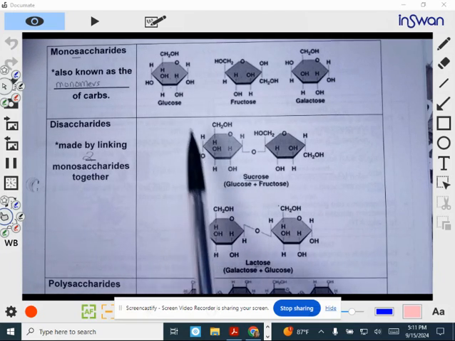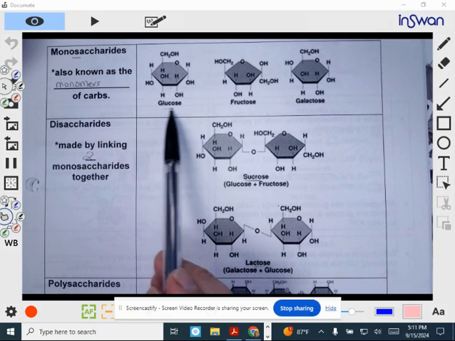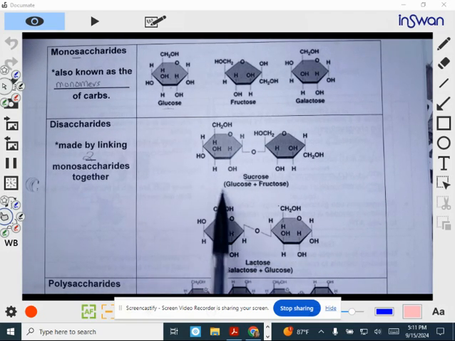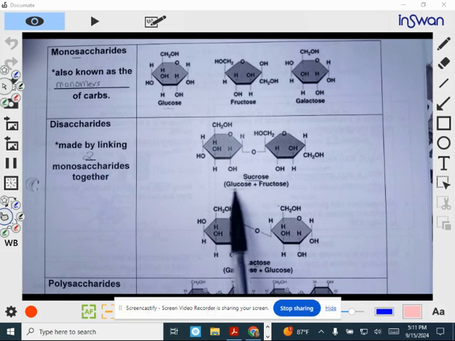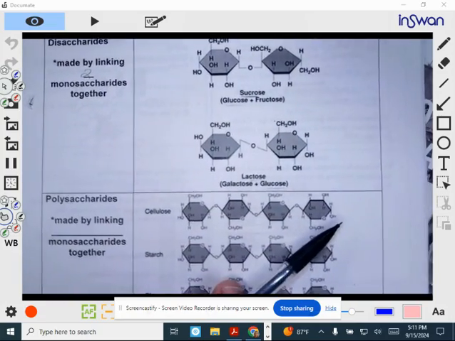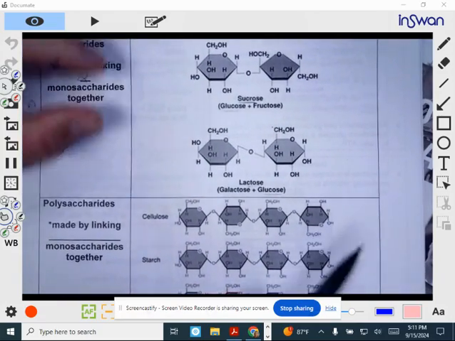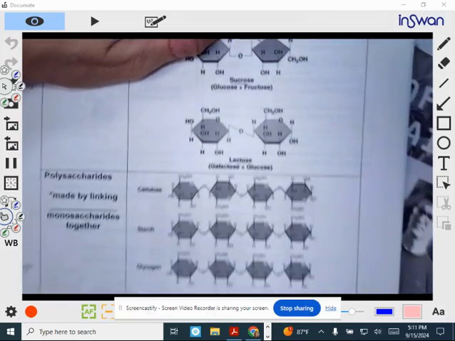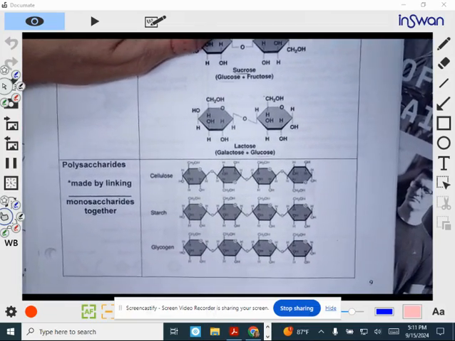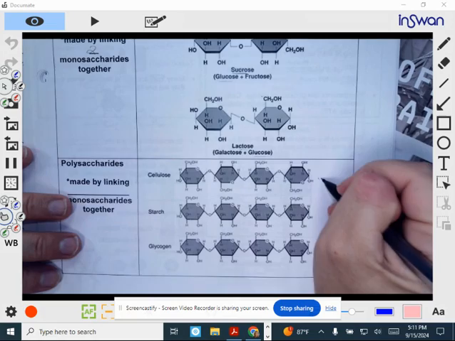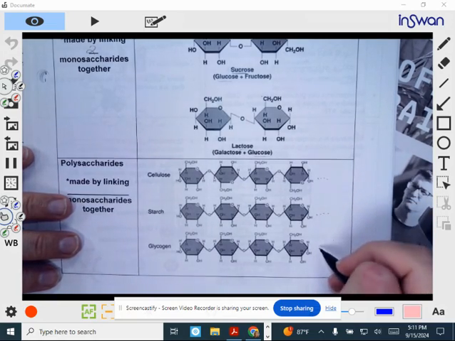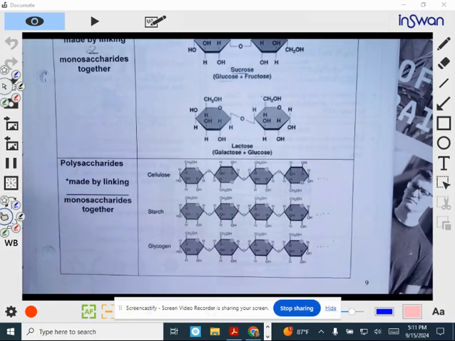Now, one thing I want to point out is that in all of these molecules that we're talking about, glucose is in all of them. Notice in sucrose, we have glucose. In lactose, we have glucose. And then these polysaccharides are also made of glucose molecules that are bonded together. I'm just showing you a small part of it, but note that these glucoses keep going and keep going in these different molecules.